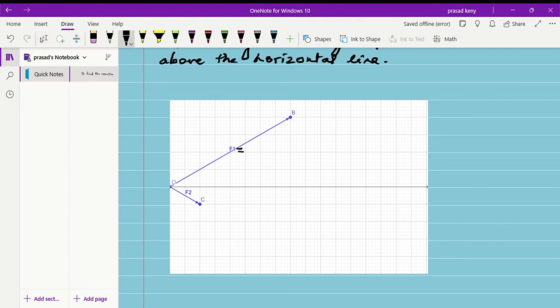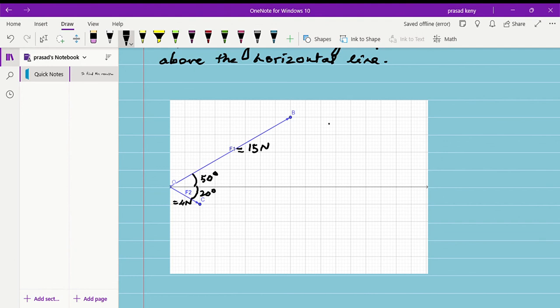F1 is 15 Newton, F2 is 4 Newton. F1 is acting at an angle of 50 degrees above the horizontal, and F2 is acting at an angle of 20 degrees below the horizontal.